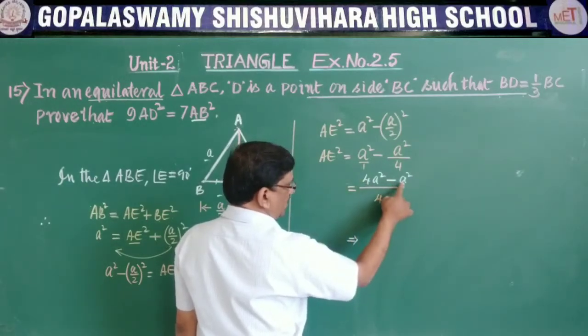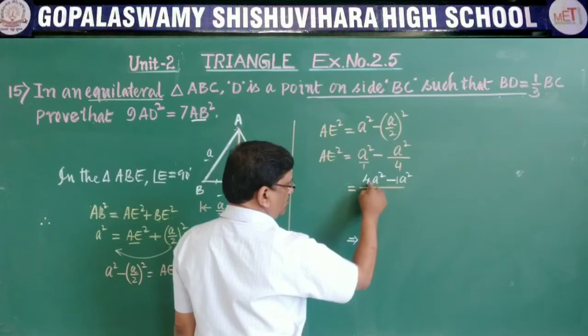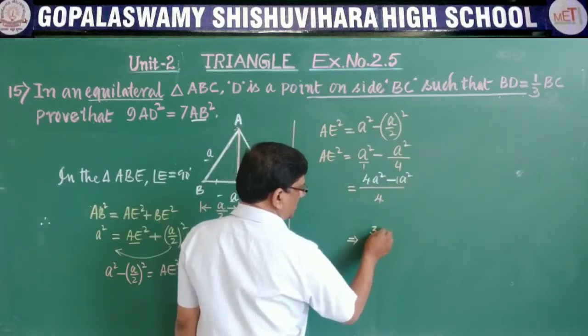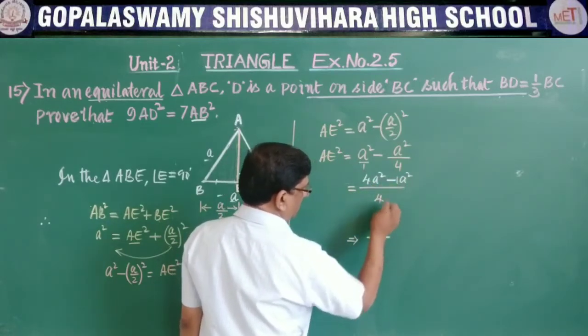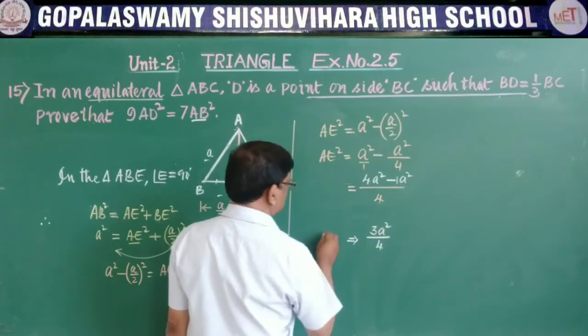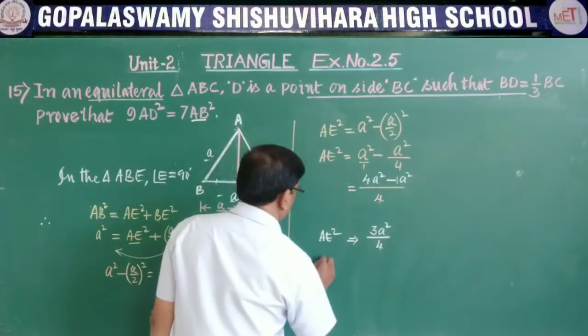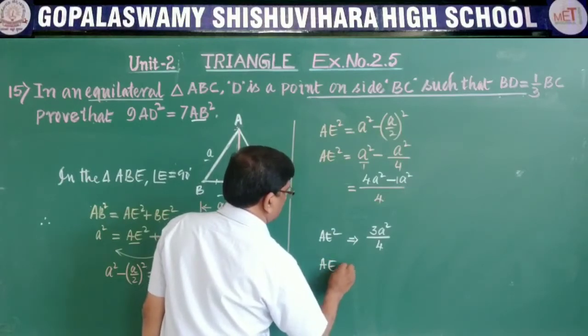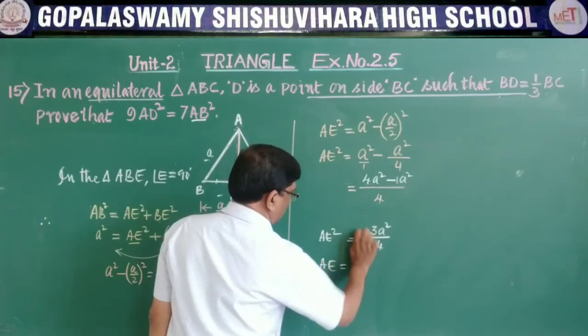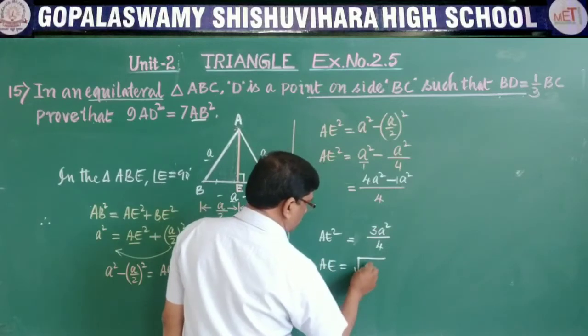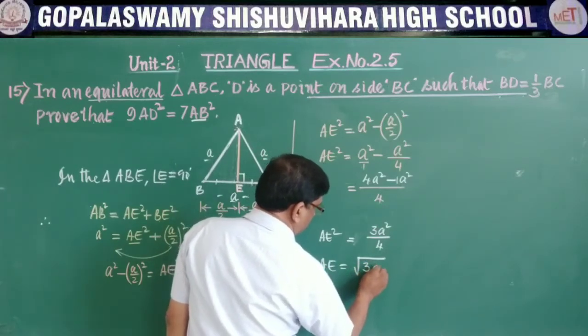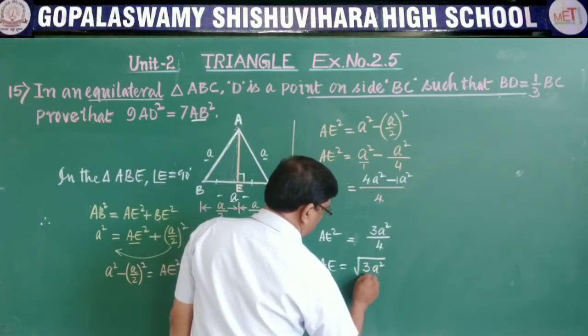That means you have to take away 1A square from 4A square, then it becomes 3A square divided by 4. So AE square is equal to 3A square by 4, then AE is equal to the square root of 3A square by 4.